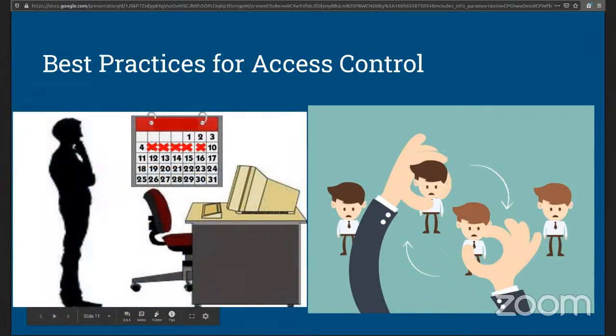An interesting best practice is a mandatory vacation: forcing someone to take a vacation and during that time reset all the passwords, lock that person out because they're on vacation, right? They shouldn't be working. That's the whole definition of vacation.